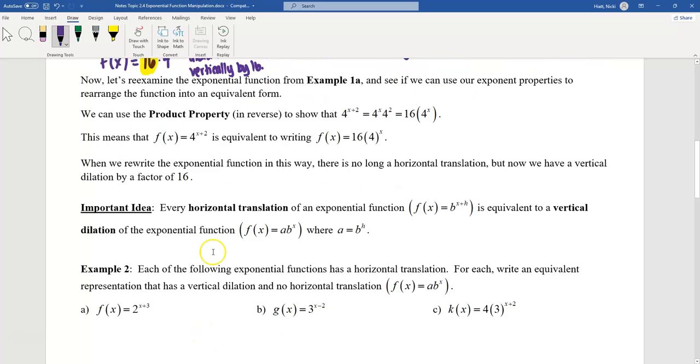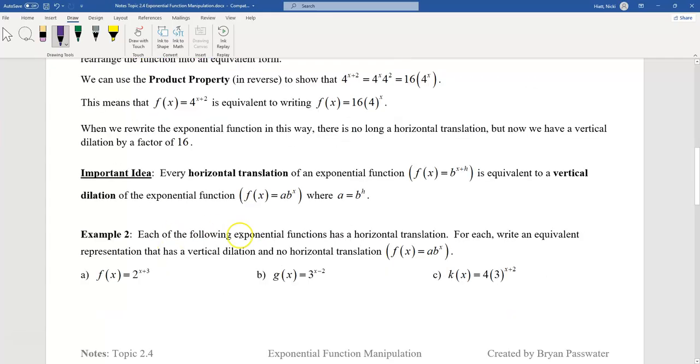So every horizontal translation of an exponential function is equivalent to a vertical dilation of the exponential function here. So each of the following exponential functions has a horizontal translation. For each, write an equivalent representation that has a vertical dilation and no horizontal translations.